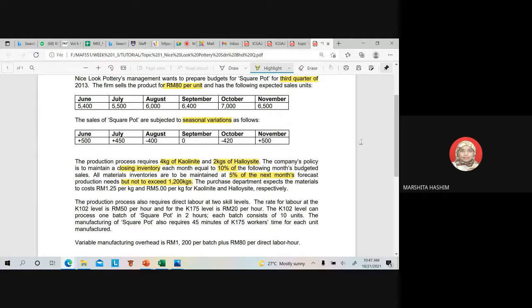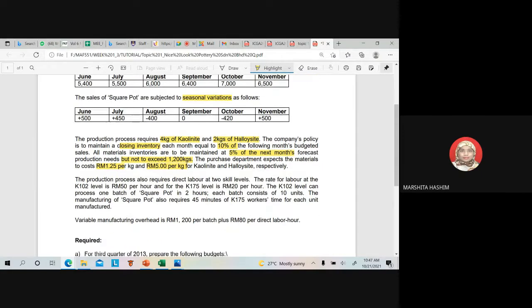And then they also give you the purchase price, 1.25 per kilo for kaolinite and 5 ringgit for halloysite. Okay, next paragraph regarding labor. Basically you have 2 types of labor, K102 and K175. In previous questions, you named your labor as direct, indirect, skilled, semi-skilled, but for this one, both are direct labor.